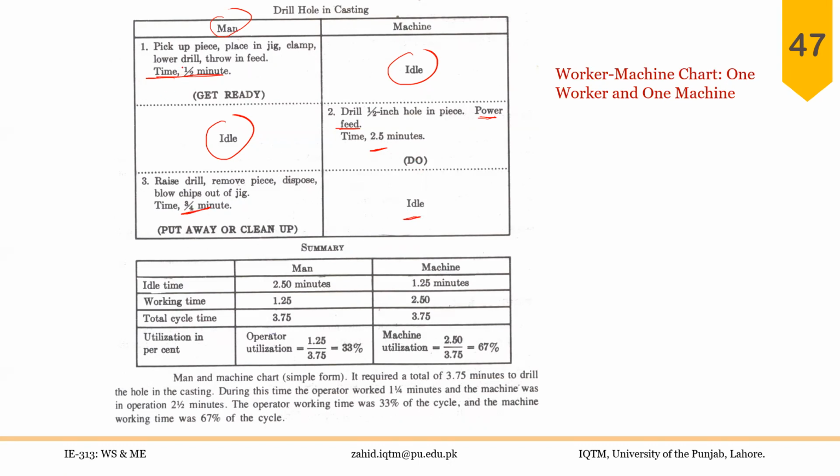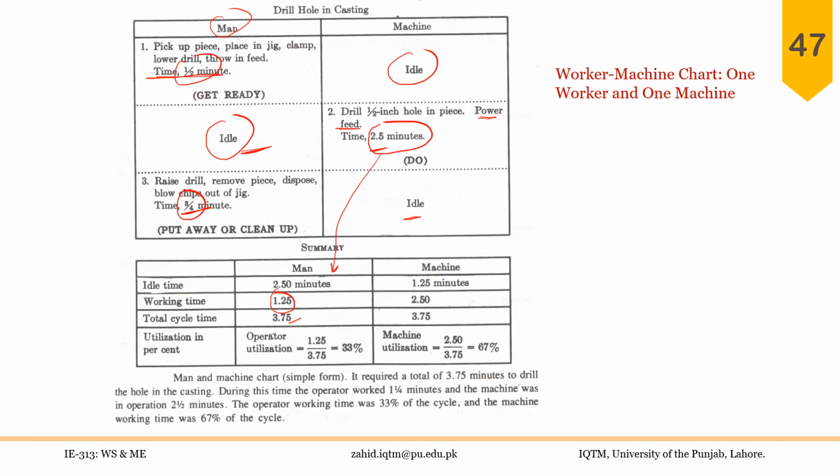So you can see this half minute plus 0.75 minutes is the working time of the worker, and this 2.5 minutes is the idle time of the worker, and vice versa. So idle time of the worker is this 2.5 minutes, and his working time is half plus 0.75, this 1.25 minutes.